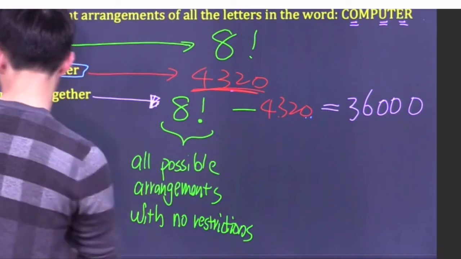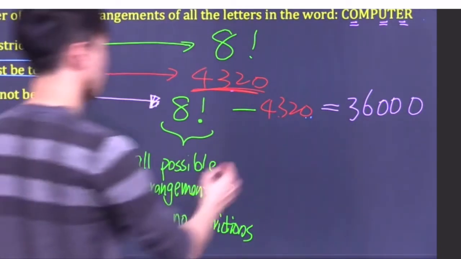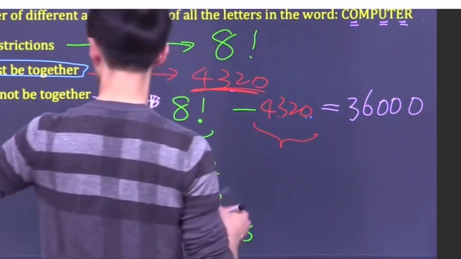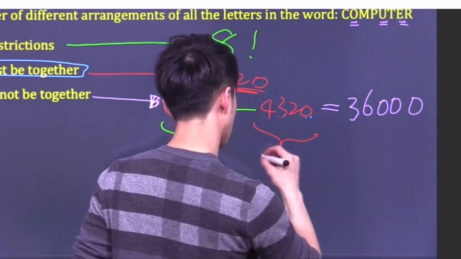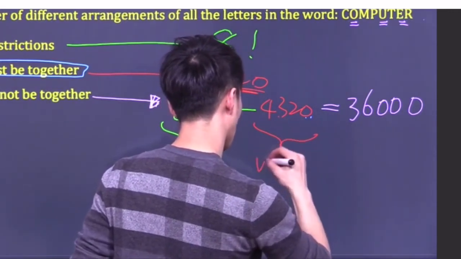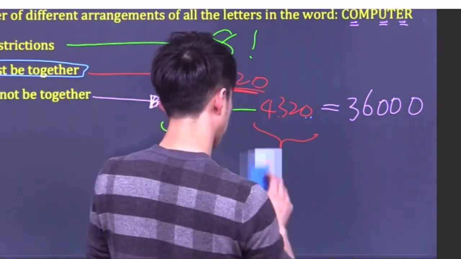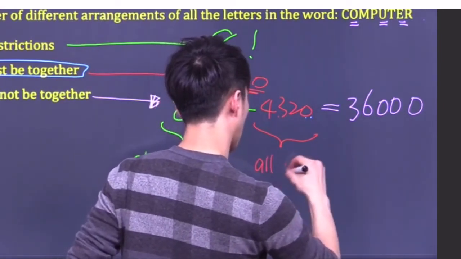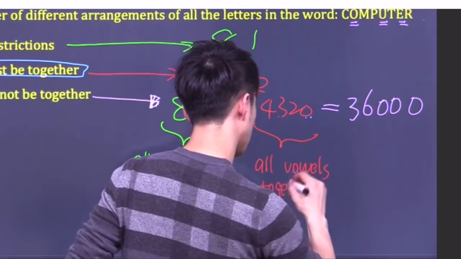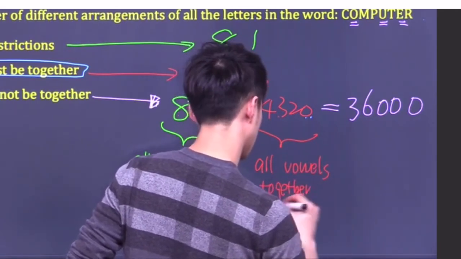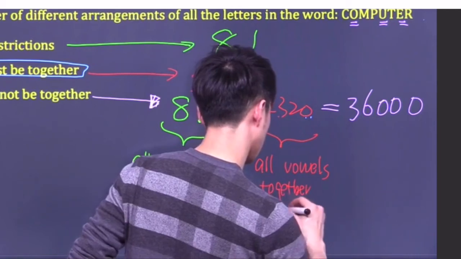Subtract by what? This 4,320 represents the cases with all the vowels together, next to each other.